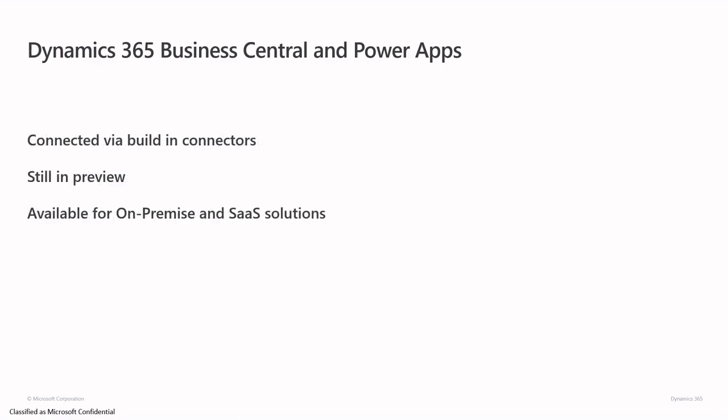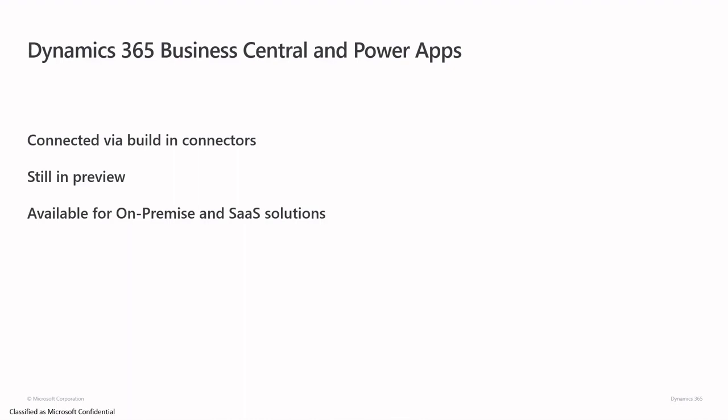To be able to connect Dynamics 365 Business Central and Power Apps, we will use built-in connectors, which are unfortunately still in preview. These connectors are available for on-premise and SaaS solutions, so we will have two different connectors: one for on-premise and one for SaaS.